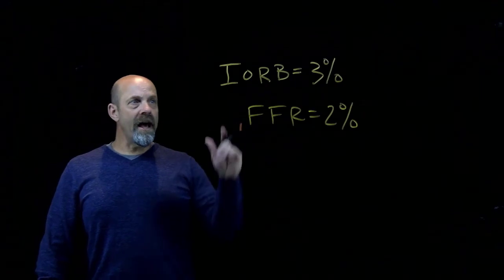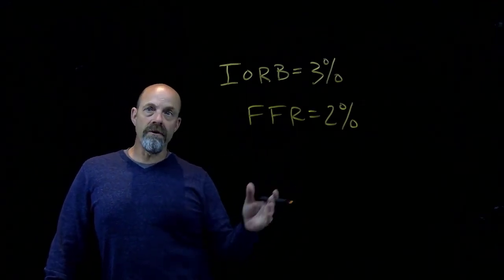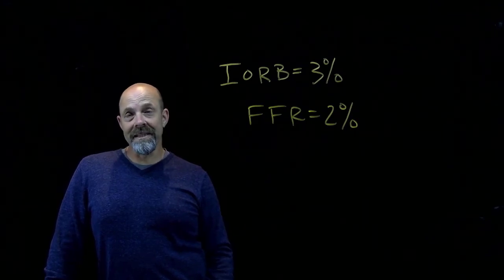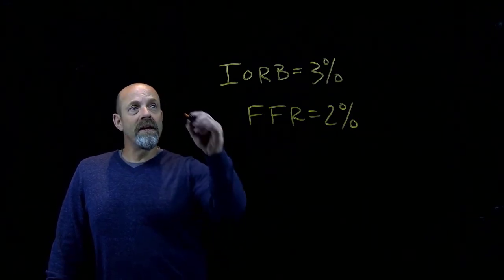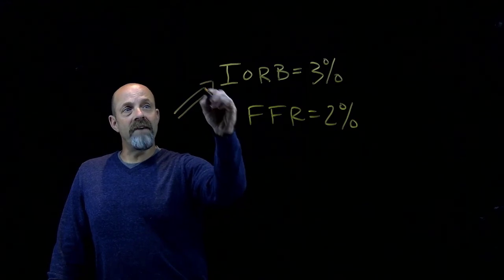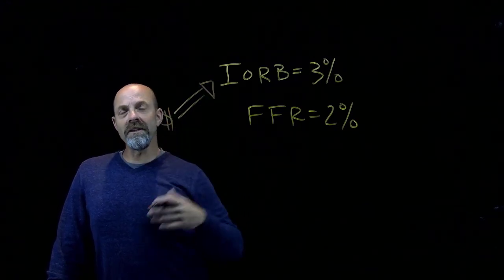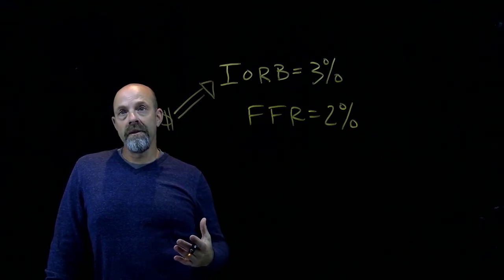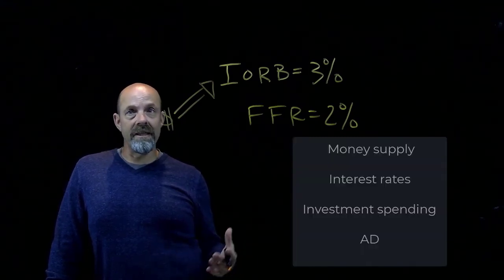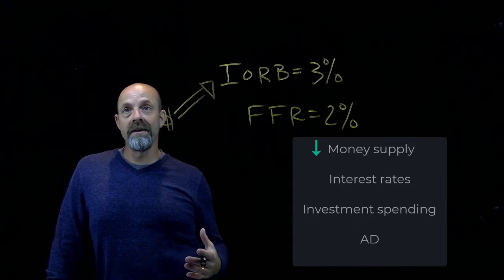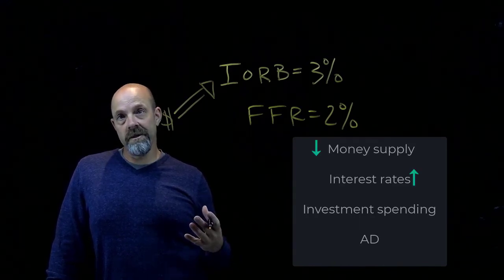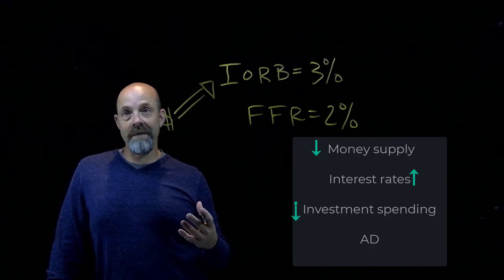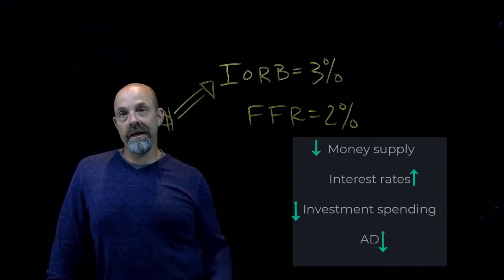So if the IORB is greater than the federal funds rate, banks have incentive to take their excess reserves and place those dollars in the Fed, essentially taking those dollars out of the money supply. This would cause the money supply in the US economy to contract, would drive up interest rates, slow investment spending, and decrease aggregate demand, thus slowing the economy.